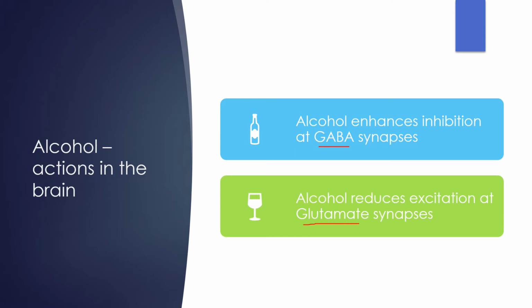Whereas glutamate is an excitatory neurotransmitter, so alcohol reduces the excitation, therefore helping the brain to slow down in firing and communicating with other neurons.